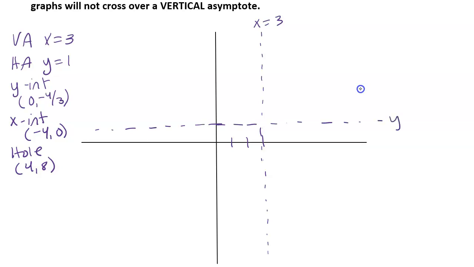I have a y-intercept of negative 4/3, so it'll be down a little past negative 1. I have an x-intercept of negative 4, and a hole of 4, 8. Make sure you make that an open circle, because that's a hole, so you don't plot it like a regular point.